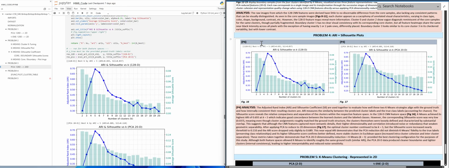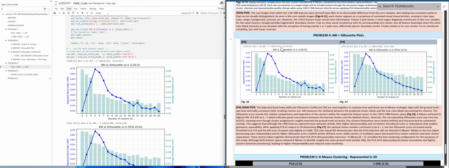Now you see that the ARI picked k equals 5 as its favorite, which has a significant increase in the ARI score. Looking at the actual numbers, it's not that significant in the average silhouette score in the 128D, but it is a drop compared to everything else.